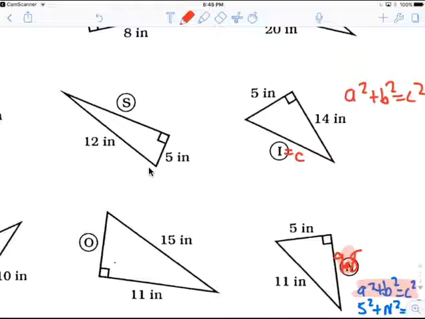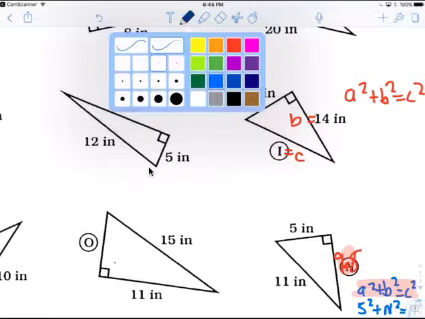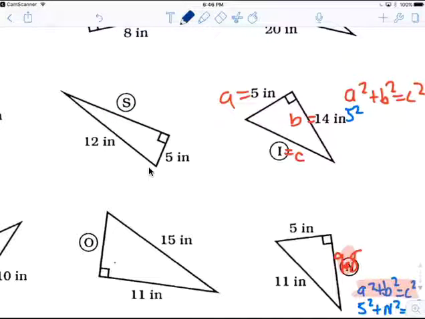Let me show you why. In this case, A is 5, B is 14. So you substitute 5 squared plus 14 squared, so that's 25, equals c squared, which is I squared, plus 14 times 14.